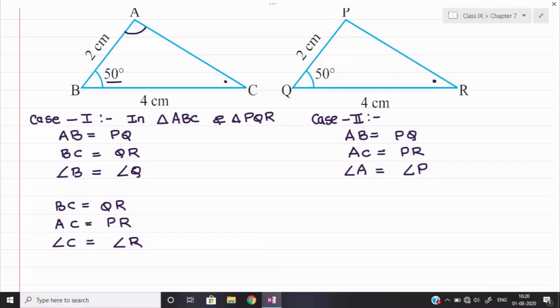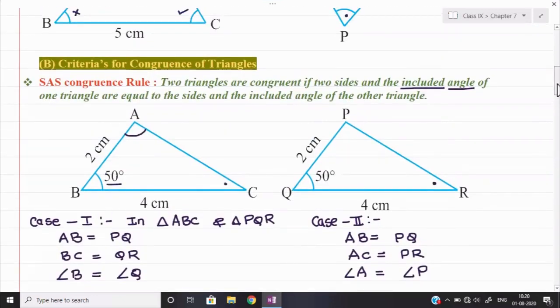That particular angle should be equal, the included angle between the considered sides. So the side angle side theorem says that if two sides and one included angle are given equal, the triangles will always be congruent, meaning the remaining corresponding parts will also be equal, and hence the triangles would be congruent.